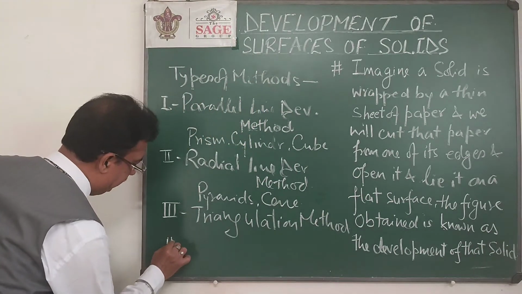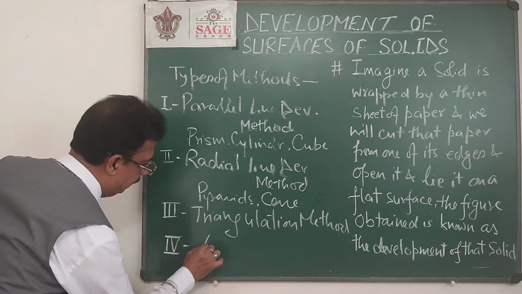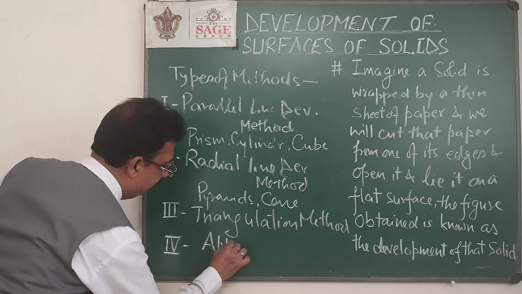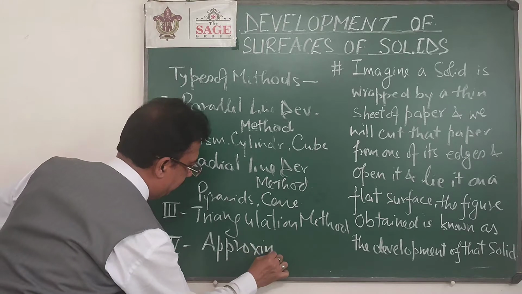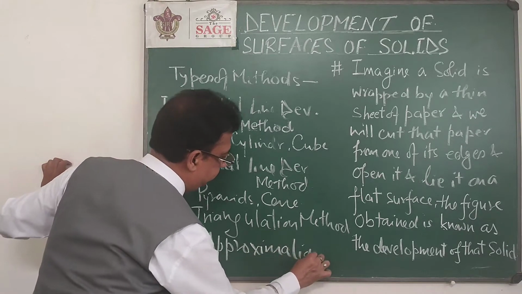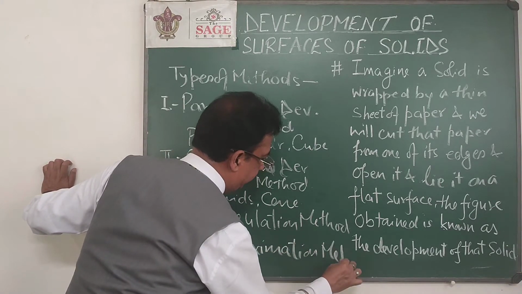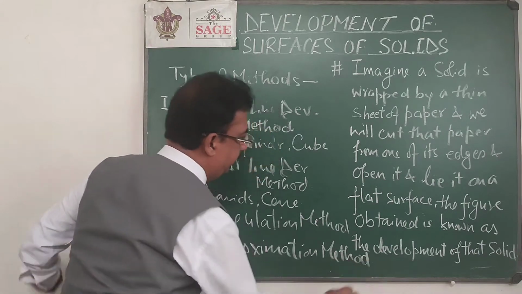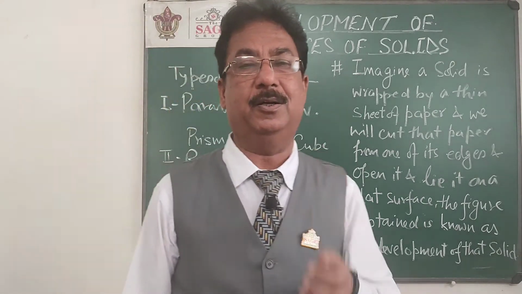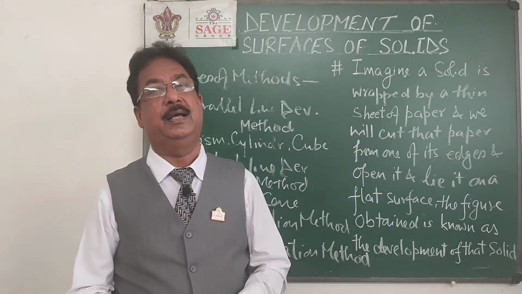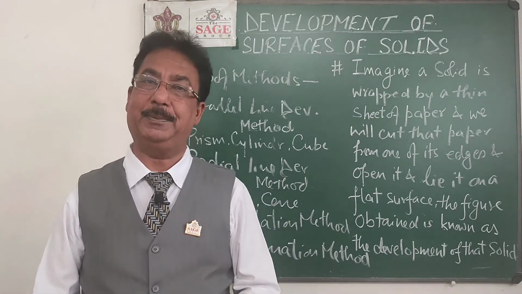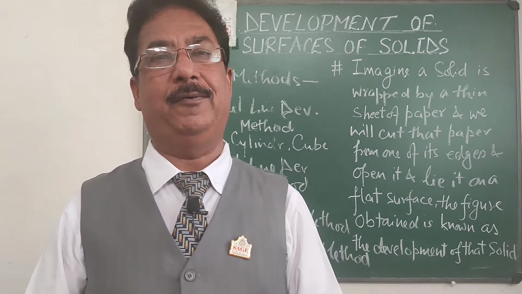Another method is known as the approximation method. This method is used for double curved surfaces like sphere, ellipsoid, paraboloid. They cannot be developed exactly.